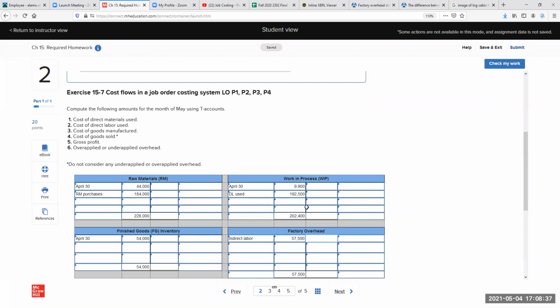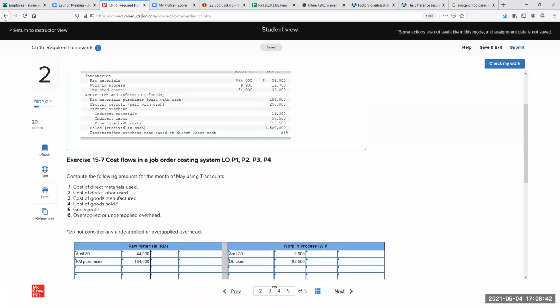Remember, if you can't trace it directly to your product, it's indirect labor. All right, now let's see what else they give us. So we have purchases, there's our payroll. We divide it between labor. All right, so now we're kind of here.